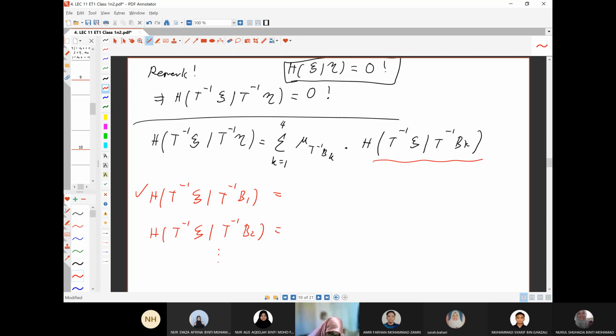So if I show you the first one here, what is the formula? Since this is the pre-image of psi with respect to the element, I want to find the measure because you have the measure in there. So this is the sum of minus mu of T inverse BK, log mu of T inverse of, sorry, A1, AK.